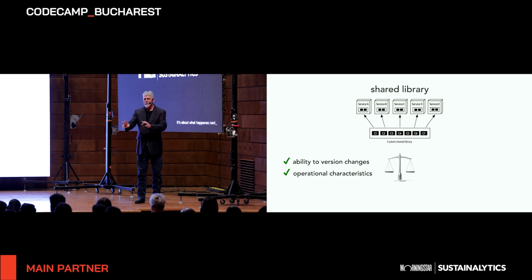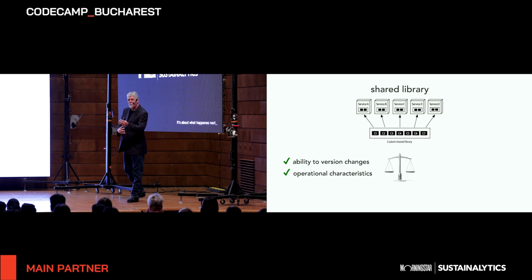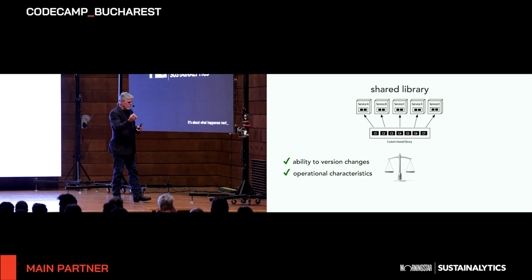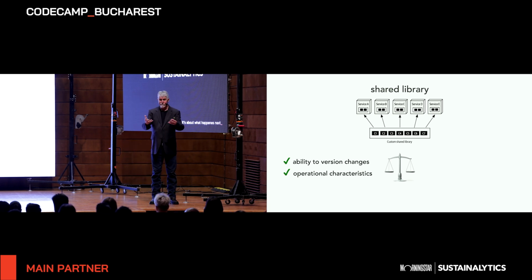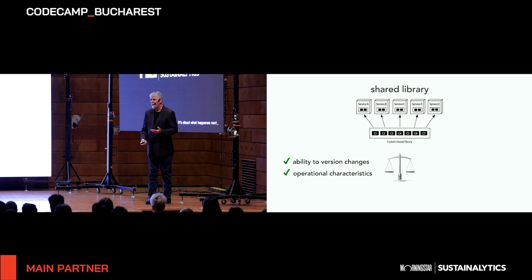I can version that DLL or that jar or that gem, and I can have that to him in 1 hour. And I haven't broken any of you because you're using the prior version. As a matter of fact, all of the operational characteristics like performance and fault tolerance, availability, scalability, it's bound to me. This is bound at compile time.